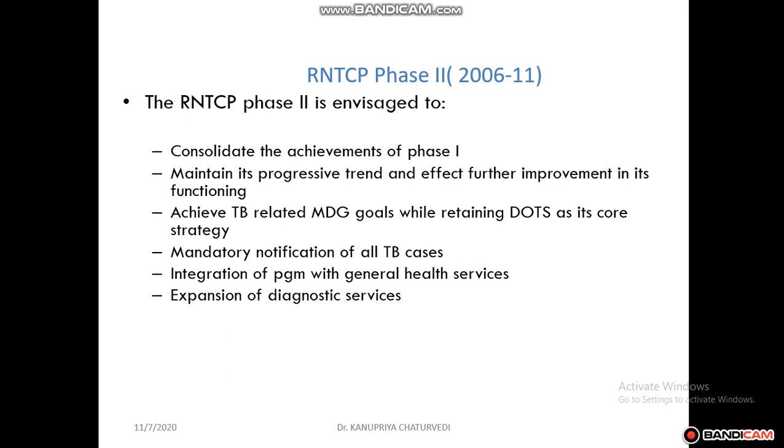So, whatever activities were planned in phase 1 are continued and consolidated in phase 2. And whichever areas the lacunae are there, the lacunae are being resolved, and further improvement steps are being taken for the betterment of the program implementation.